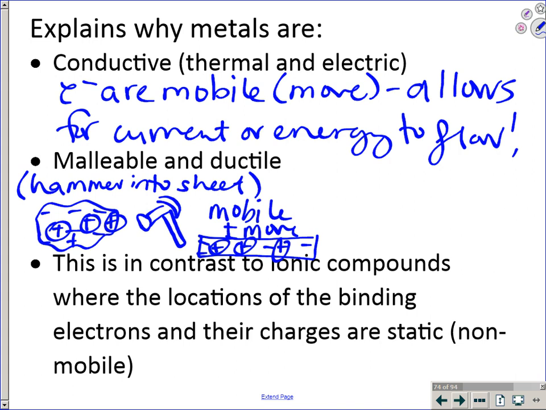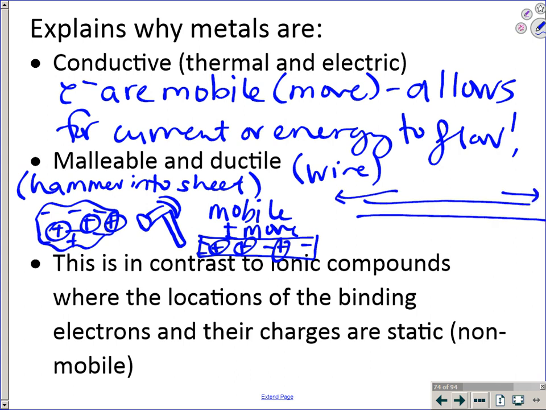Draw out the ductility. Okay, how are you guys drawing the ductility? What is it forming? A wire. So this is kind of working the same way. As you pull it into a wire, left and right, the electrons line up with the cations and it creates a very stable system.